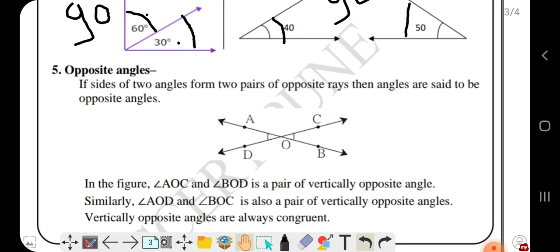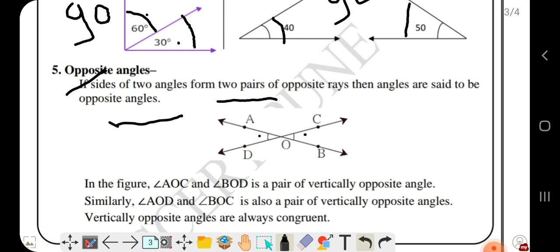The next concept, fifth point, is opposite angles. What is the definition? If the sides of two angles form two pairs of opposite rays, then the angles are said to be opposite angles. In the figure we can see line AB crosses the line CD and they intersect at point O. There are two angles opposite to each other.